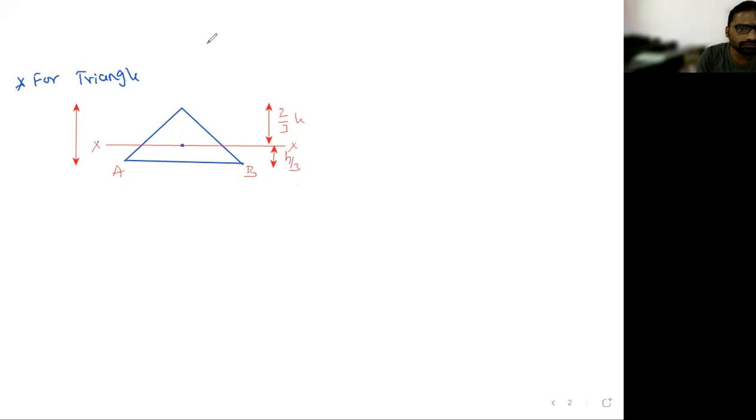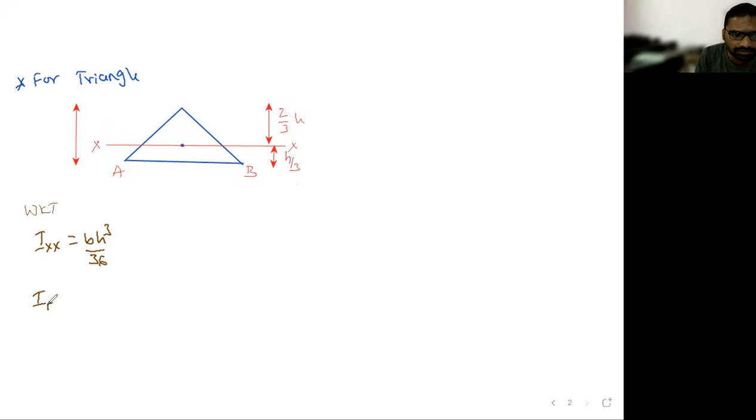Okay, now we know the moment of inertia about the centroidal axis, I(x)(x), is bh cube upon 36. Correct? Yes. Okay, I want to shift that centroidal axis to the base.